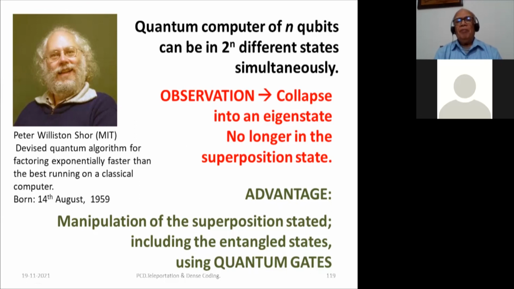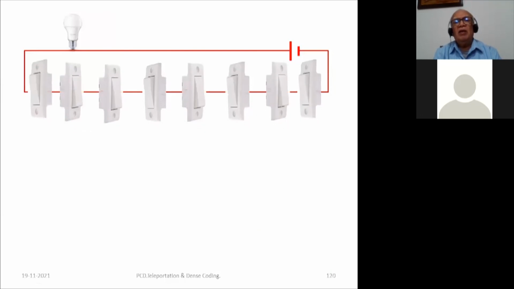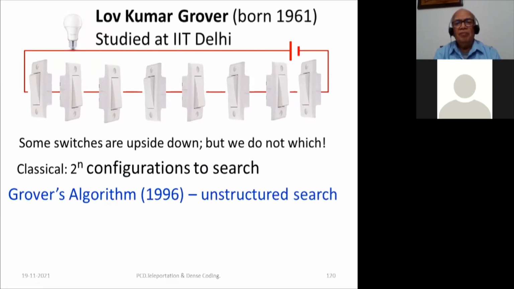So you can manipulate superpositions using quantum gates. You can do search algorithms, like if you have to find out which of these switches are on and which are off, and you don't know which is which, then you can use things like the Grover algorithm. These were some of the earliest advances about a quarter of a century ago.